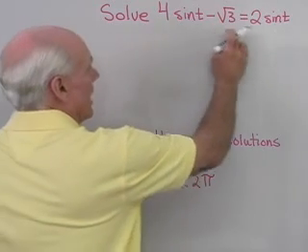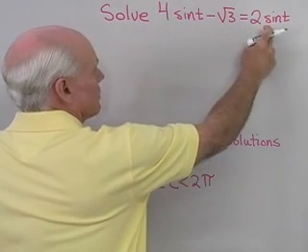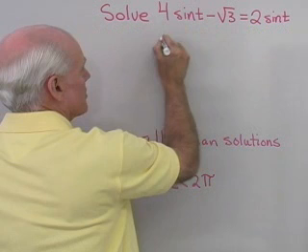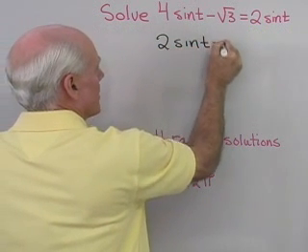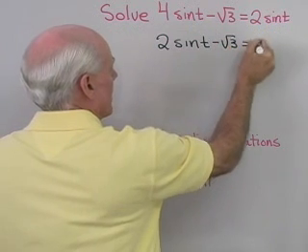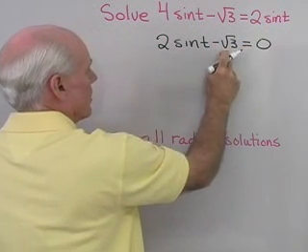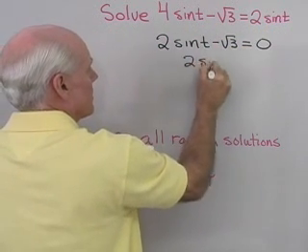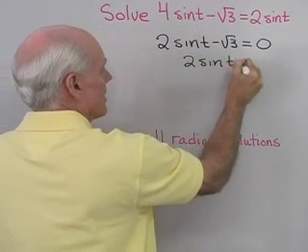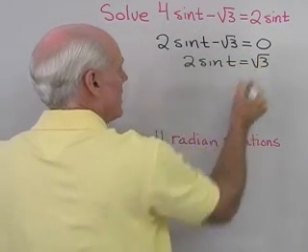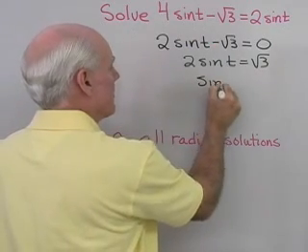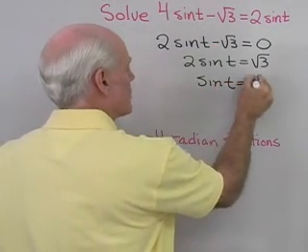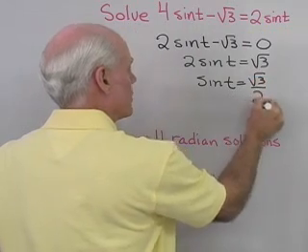So I'm going to start by adding negative 2 sine t to both sides, so I'll get 2 sine t minus square root 3 equals 0. Now I'll add square root 3 to both sides. 2 sine t is equal to square root 3. Then I'll divide both sides by 2, and I'll get sine t is equal to square root 3 over 2.